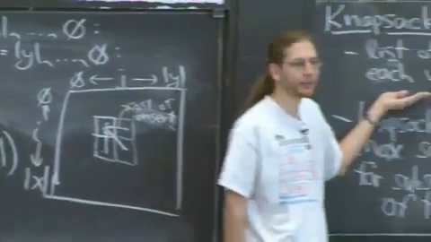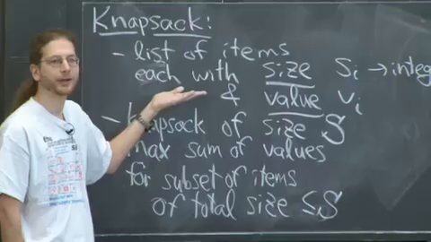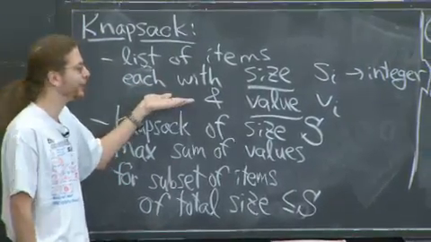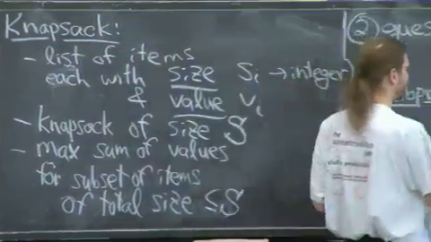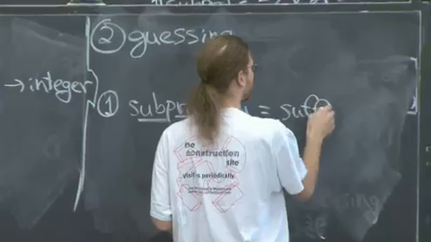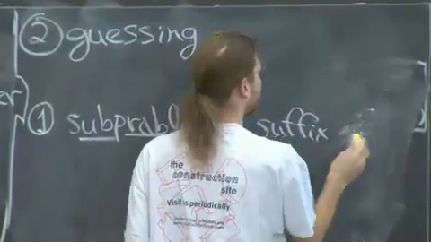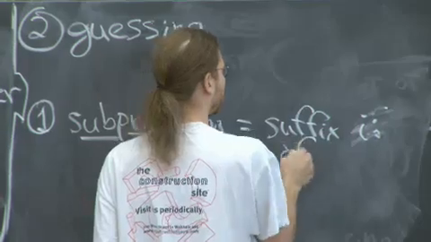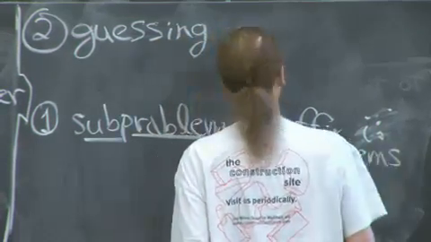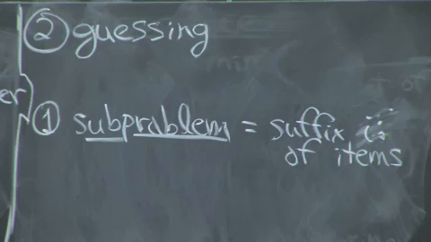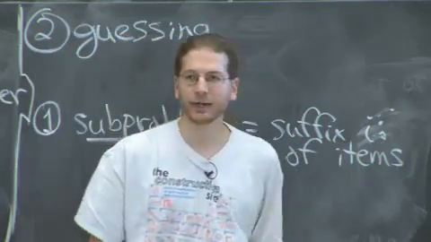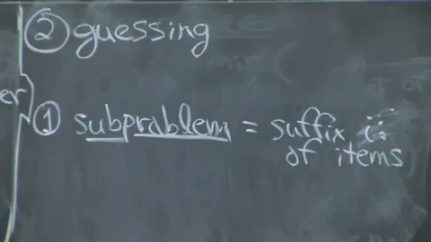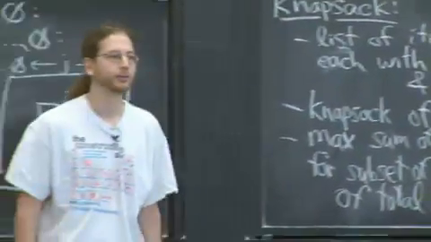We don't actually care about the order of the items, but hey, they're in an order. If they weren't, we could put them in an arbitrary order. We're going to use that order, and we're going to look at suffixes of items, i colon of items. That's helpful, because now it says we should be plucking off items from the beginning. Starting with the ith item, what should I decide about the ith item relative to the optimal solution? What should I guess?